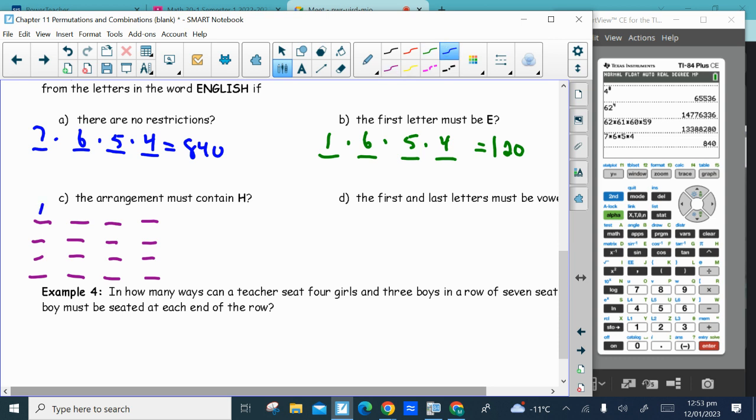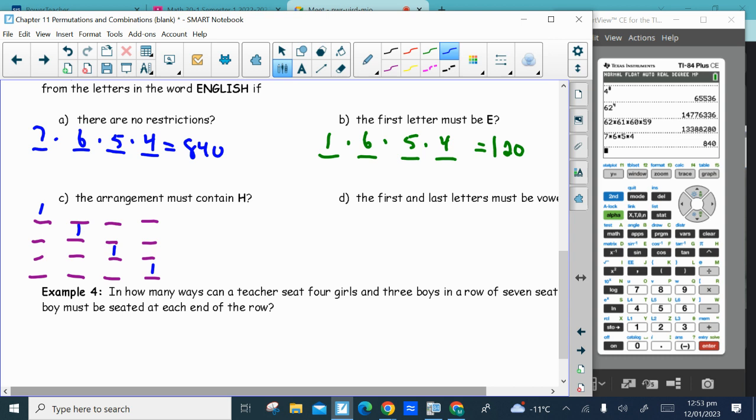The first being that if the first letter is an H, it just says that the arrangement must contain the letter H. So it could be in the first position, it could be in the second position, the third, or the fourth. So that's what those ones represent. There's one choice for each of those, and that's putting the H in that specific spot.